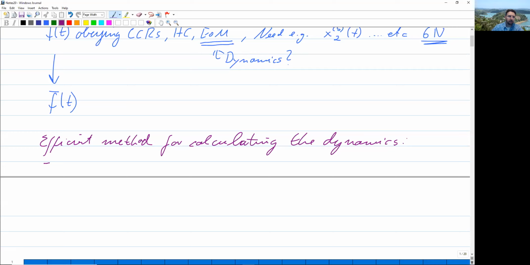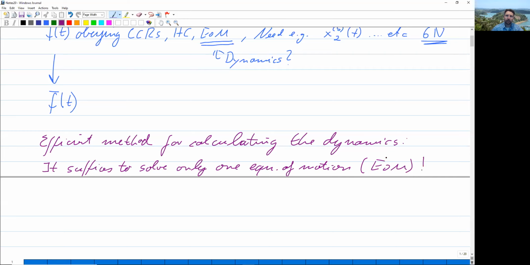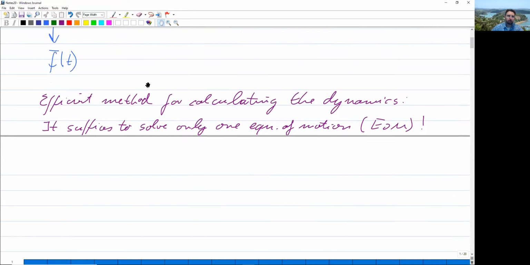Namely, it suffices to solve only 1 equation of motion. We will usually write EOM for equation of motion. And what is that equation of motion?